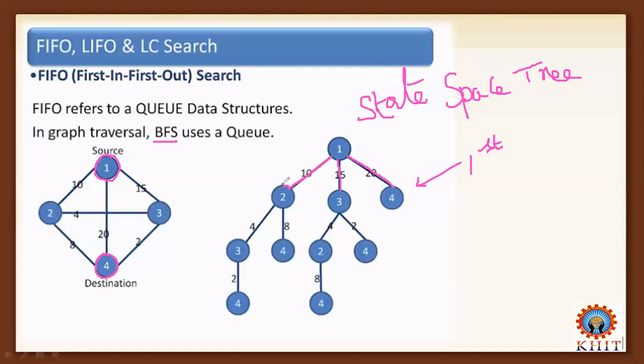Hence, node 2 and node 3 are considered as E nodes.